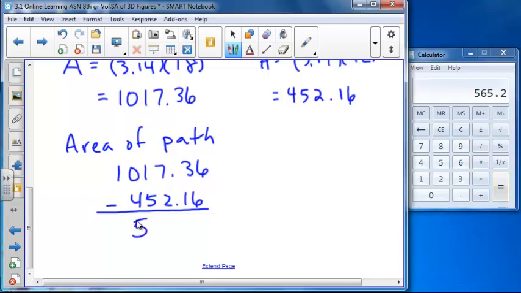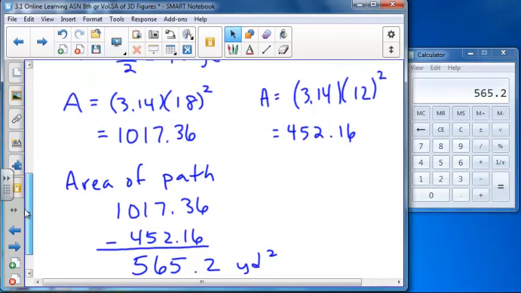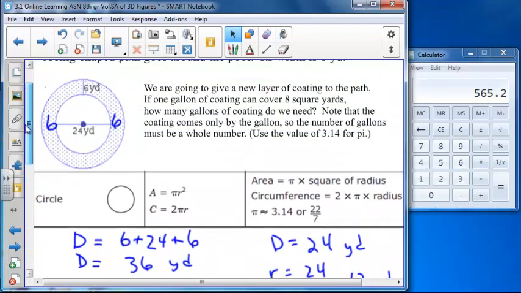The area of our path is 565.2 yards squared. I've edited the tape. The second attempt with the calculator has been cut to save time.